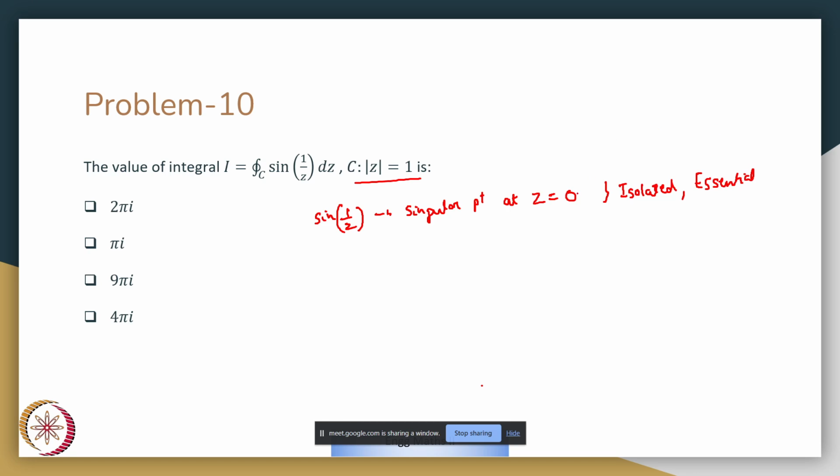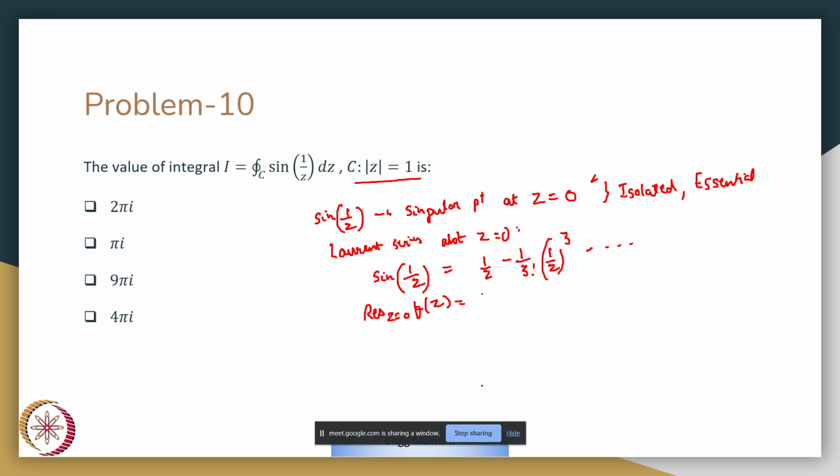If we take the Laurent series about z equal to 0, sin of 1 by z is nothing but 1 by z minus 1 by 3 factorial 1 by z whole cube and so on, which gives us the residue at z equal to 0 of f(z) as nothing but 1.